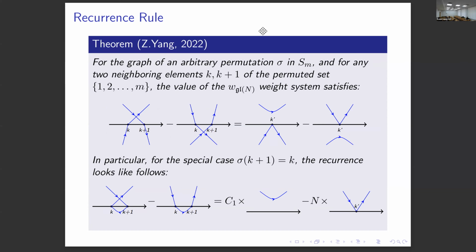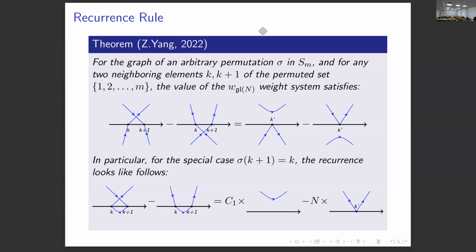If you switch the places of these two elements and take the difference, the first graph minus the second graph, the difference is only the order of these two vertices k and k plus 1. There are other vertices on the line, but they are not changed, and the endpoints of these directed edges also remain the same.